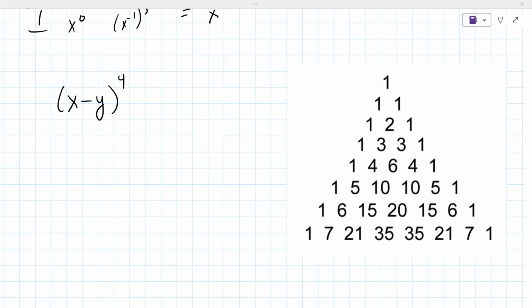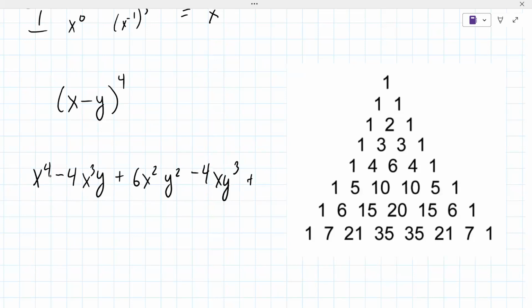All right, I think I got it. Let me write out the answer and you can tell me if you have any differences. Oh wait, I forgot this. There.